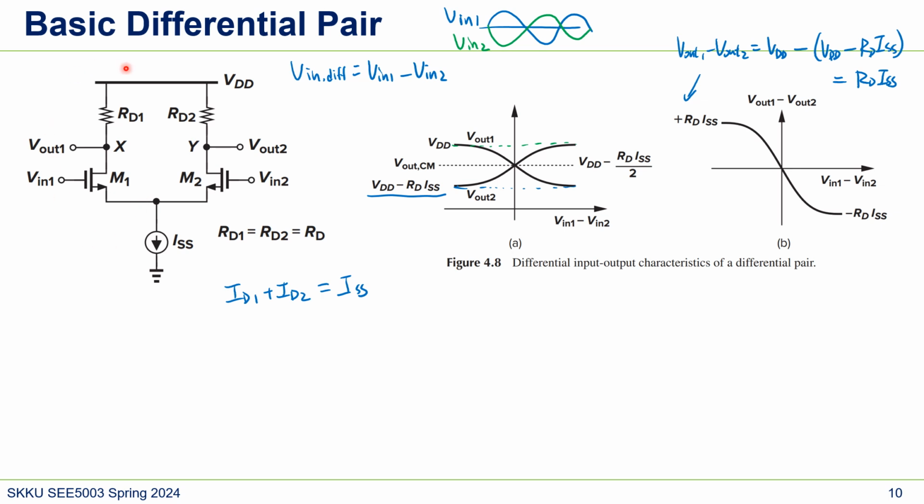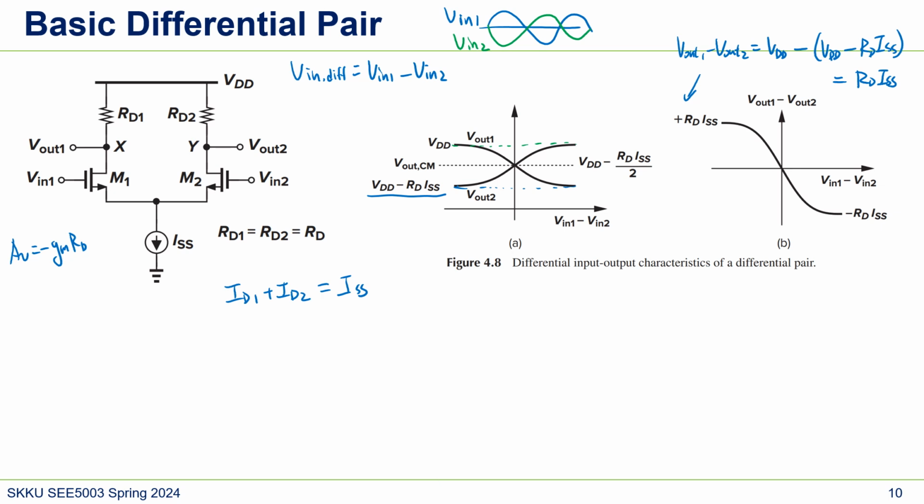Because 1/2 part is a common source amplifier, and the common source amplifier polarity is negative because the common source amplifier gain was minus GM RD. So we'll come back to the gain later, but interestingly, the differential pair gain is also represented as minus GM RD. But we'll get back to that later.